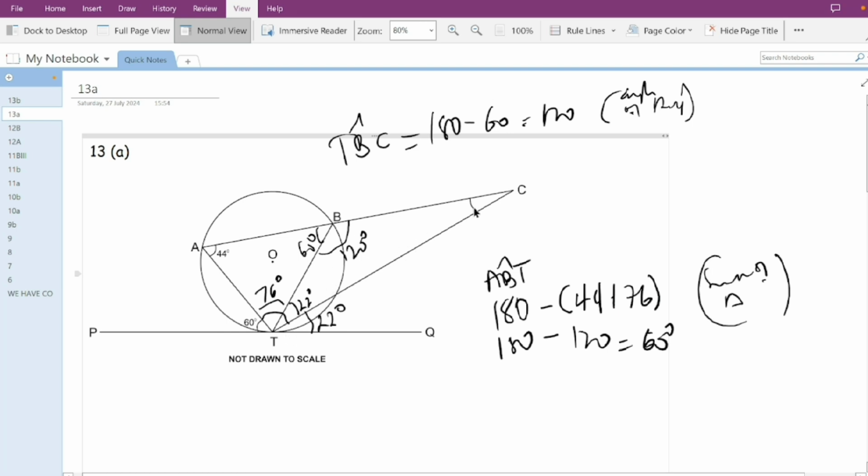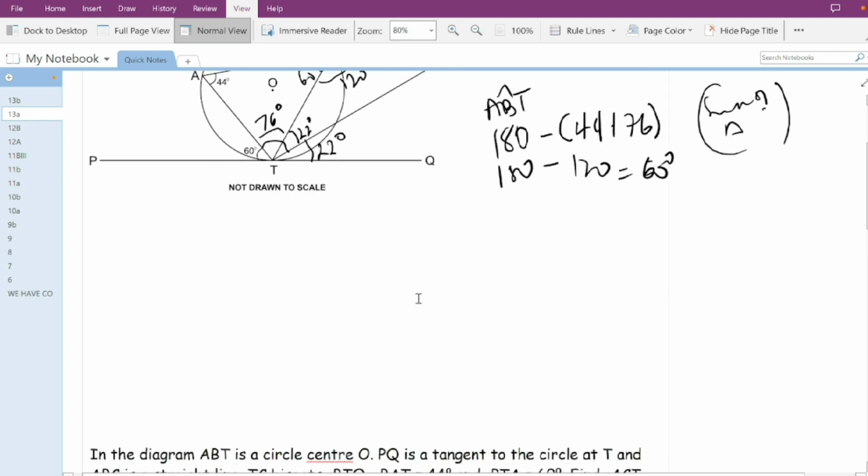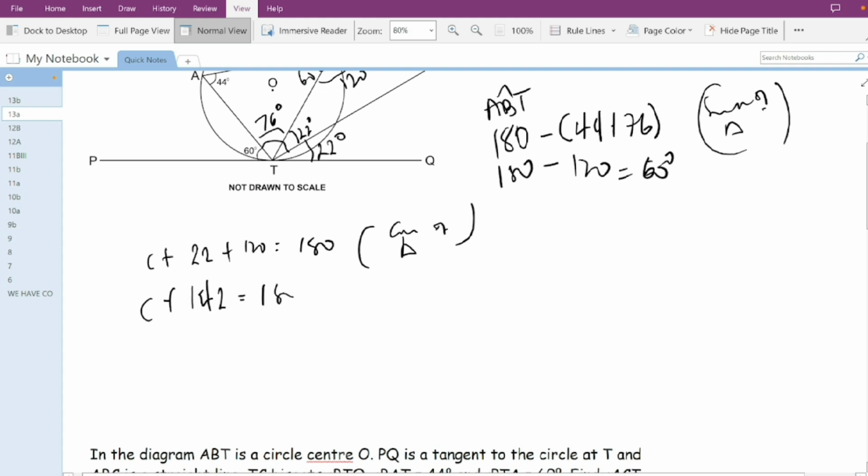This angle we're looking for, let's say, is angle C. That's 22 plus 120 plus C equals 180. That's sum of angles in the triangle. So we have C plus 22 plus 120 equals 180. Now we have C plus 142 equals 180.